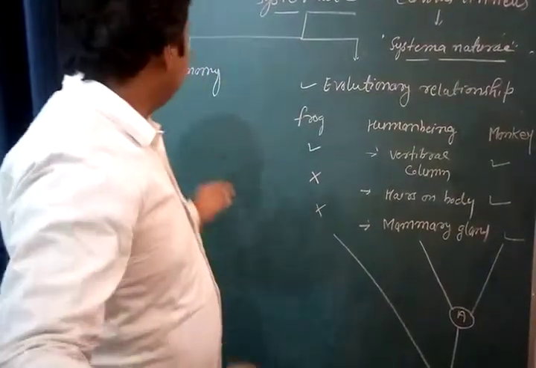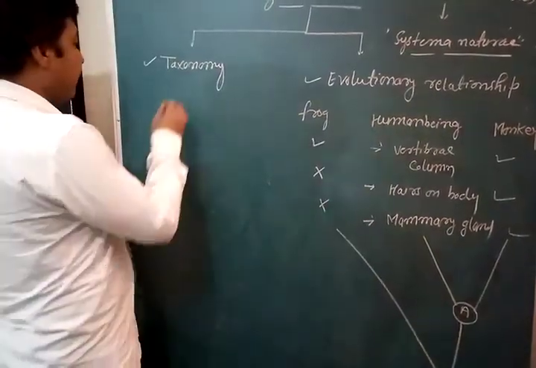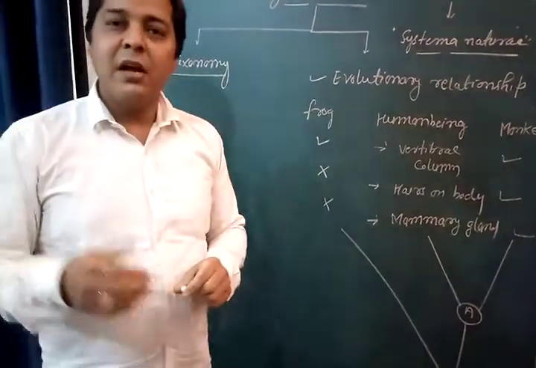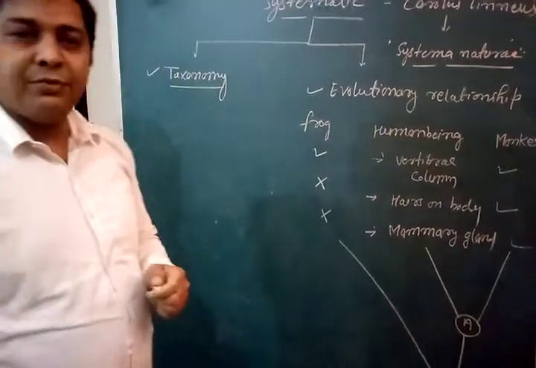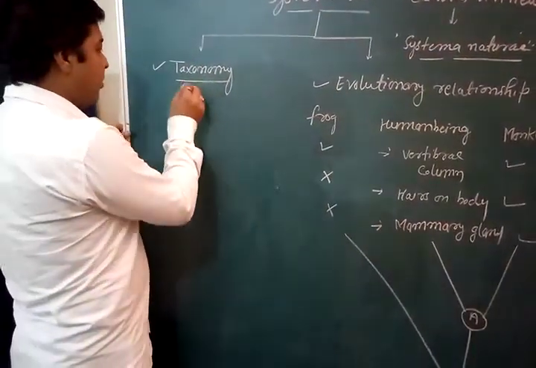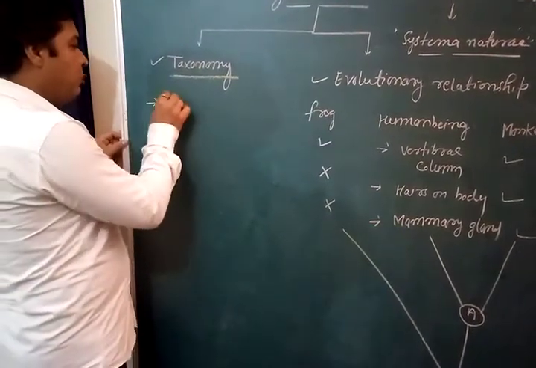Now moving to taxonomy. Here in taxonomy, as already stated, it gives identification and nomenclature. In taxonomy we try to find out about rank.